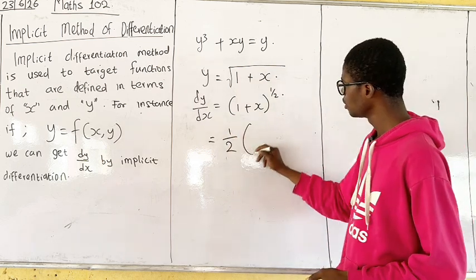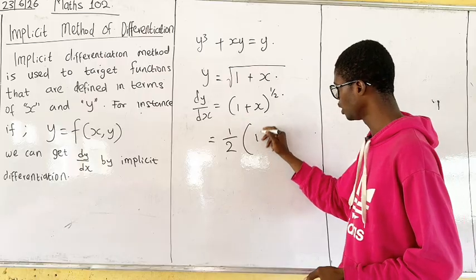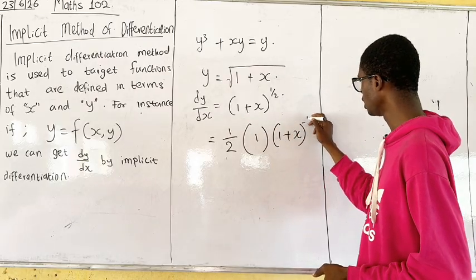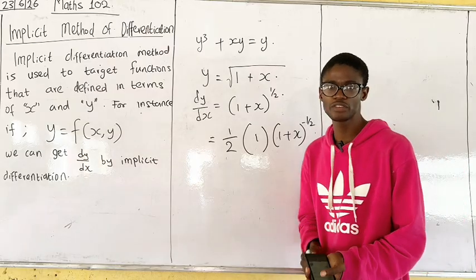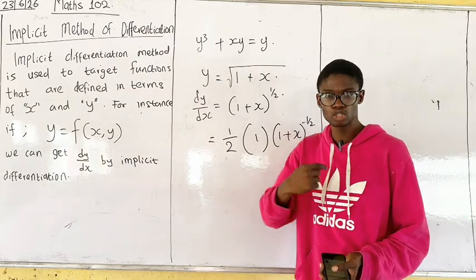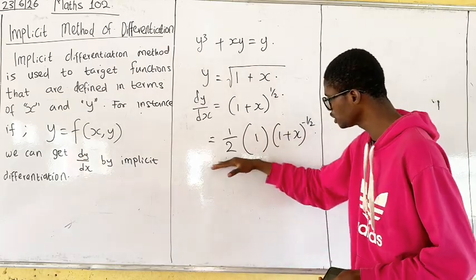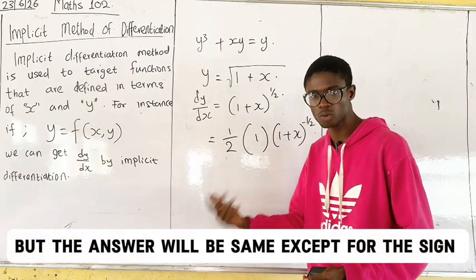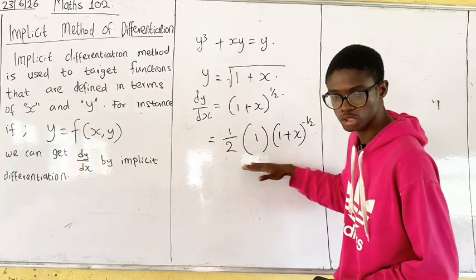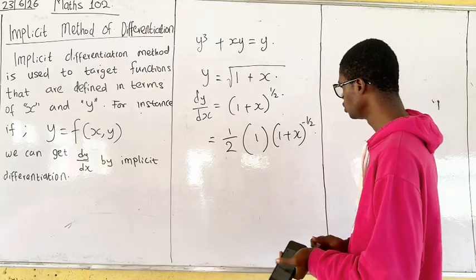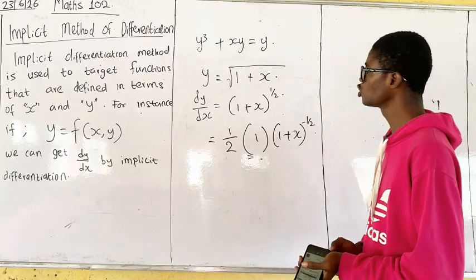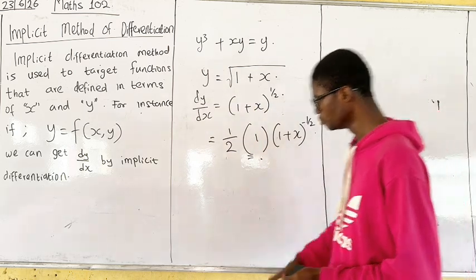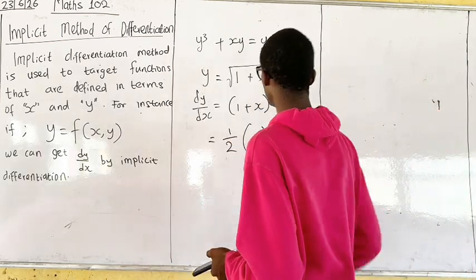Then differentiate the term in the bracket, you have 1. Then rewrite the term in the bracket and reduce the power by 1. If you have not watched my video on chain rule differentiation, ensure to do that. What we did is what we call the chain rule shortcut. You can watch it to look up the shortcuts for applying chain rule. So even if you use implicit differentiation, you will still arrive at the same answer. So that's one example of this.